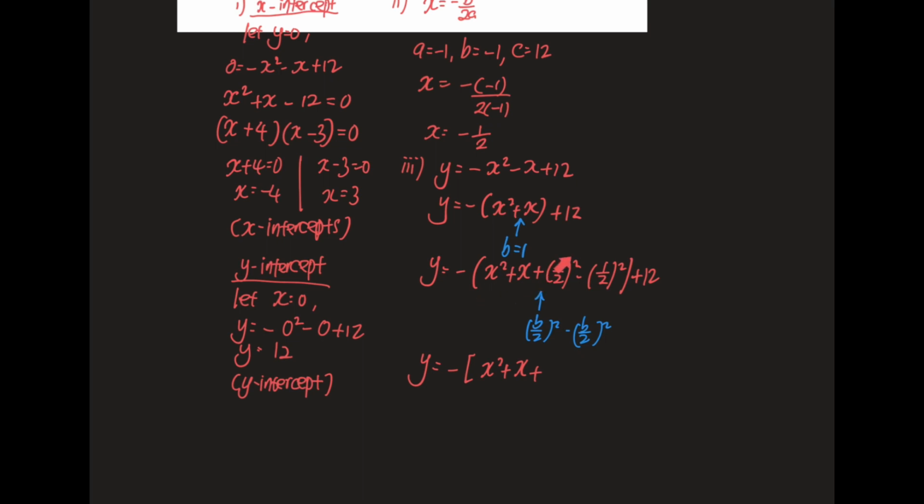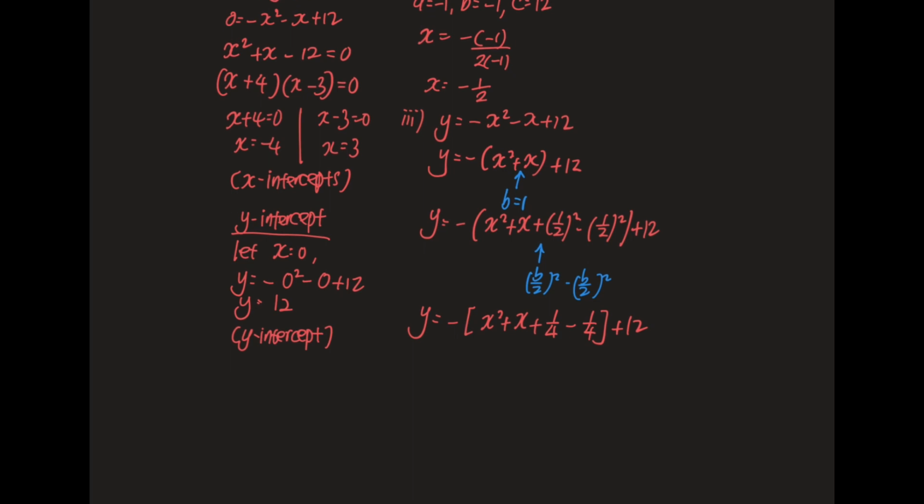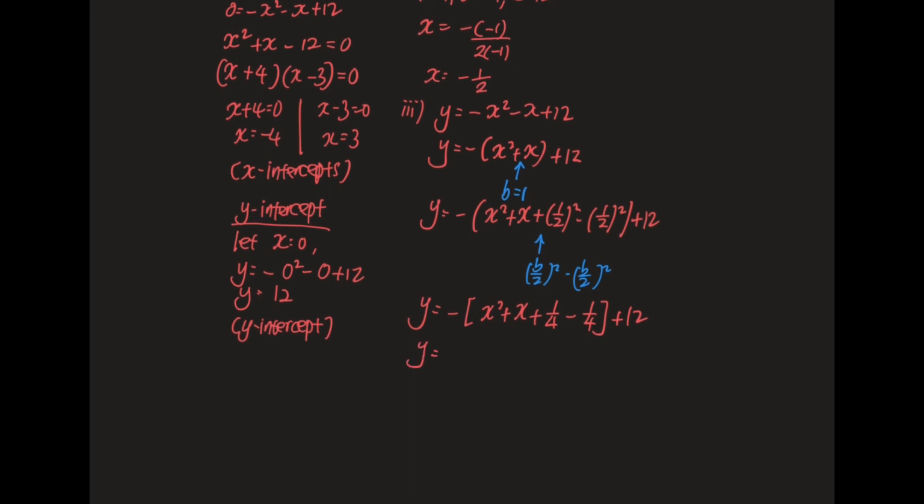Okay, now we have the 1 over 2 squared. That is 1 over 2 times 1 over 2. That is 1 over 4. Okay, so we have 1 over 4, minus 1 over 4, plus 12. Now you have to know that the first three terms is where we can factorize it to the same factors.